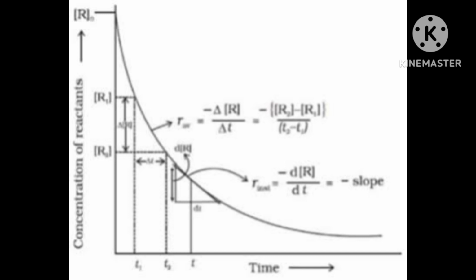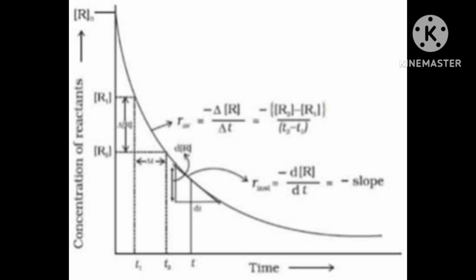Then rate is equal to minus slope, and slope is equal to tan theta, which is equal to minus delta r by delta T, or sometimes you can use a small d for the difference, minus dr divided by dt.